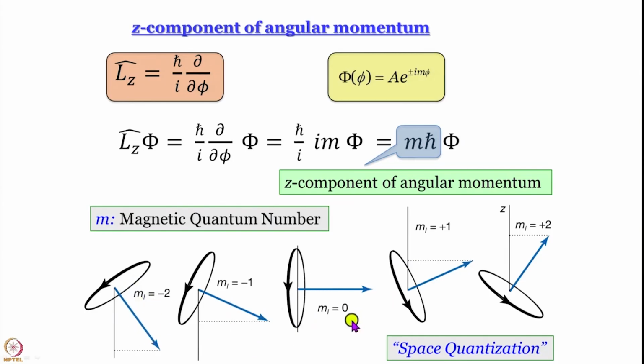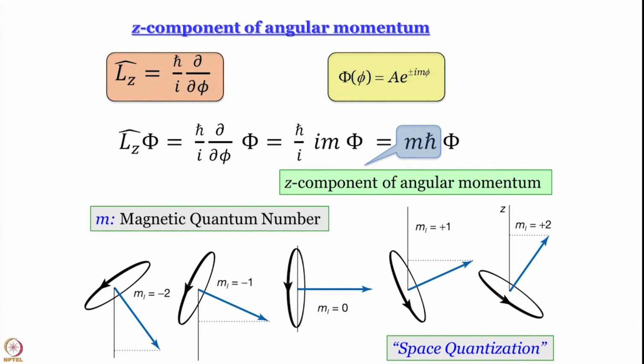That is what gives us the allowed orientations, or now we can say allowed values of theta. So, that is called space quantization. Only specific values of small theta can be taken up by this angular momentum vector, right. So, that is space quantization in terms of quantum mechanics. How many values of m? We will come to that shortly.